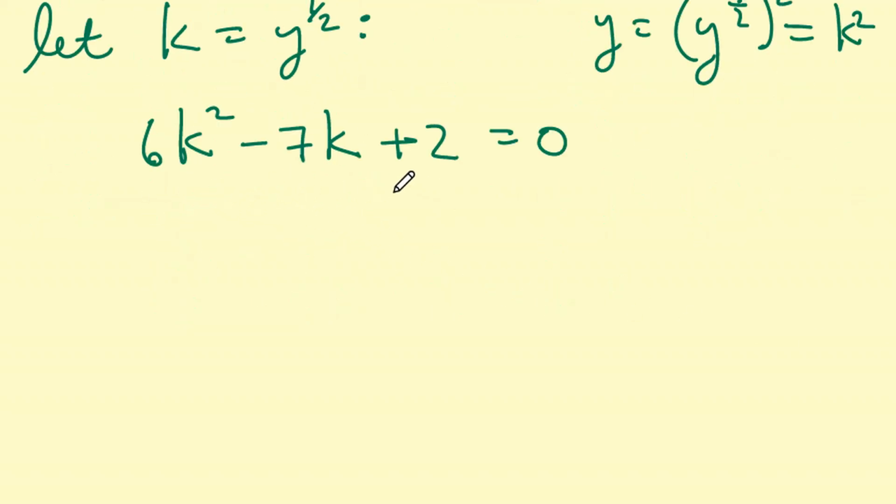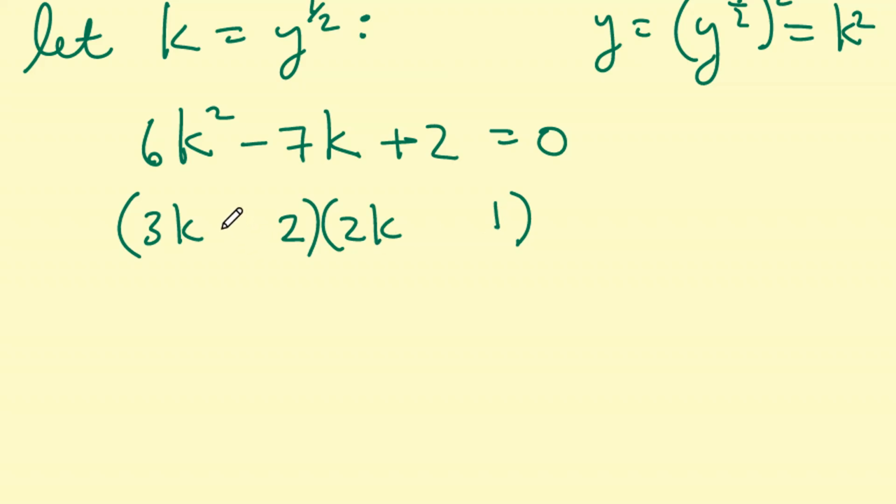Now, to solve this equation, we can either factorize or we can use the quadratic equation. I'm going to factorize. So negative 4k minus 3k will give us minus 7k.